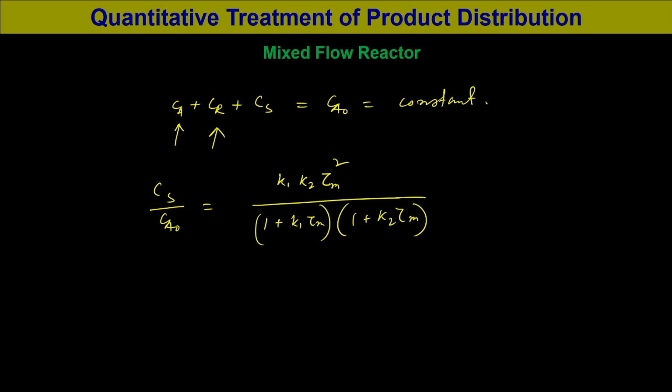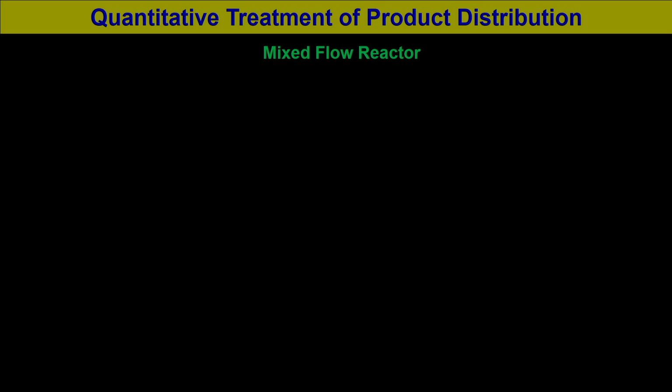So, we obtained the 3 concentration profiles for the 3 components which are in series. Now, we can optimize the intermediate by differentiating the equation for CR by CA naught, this concentration profile equation, and we put dCr by d tau m equal to 0.